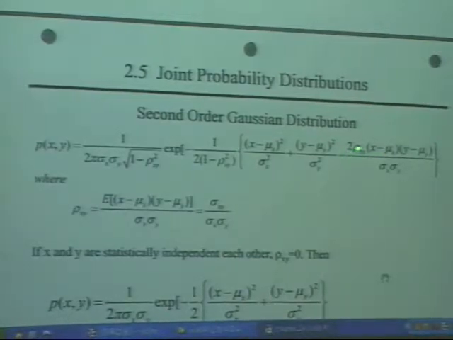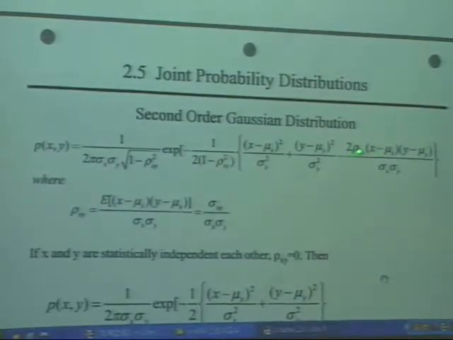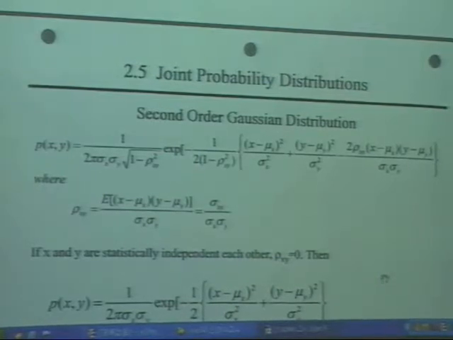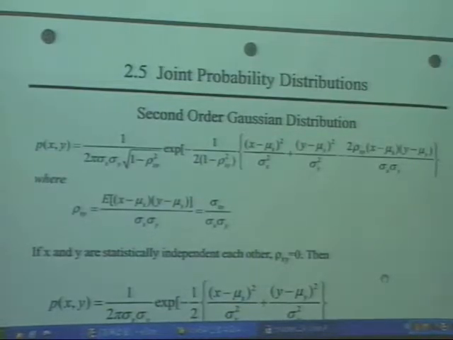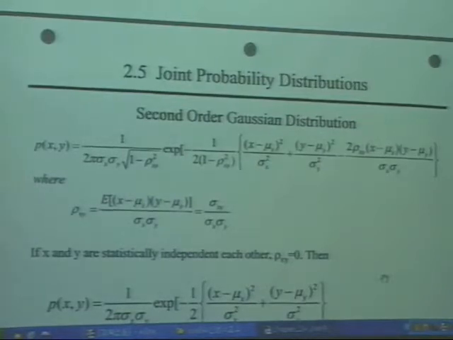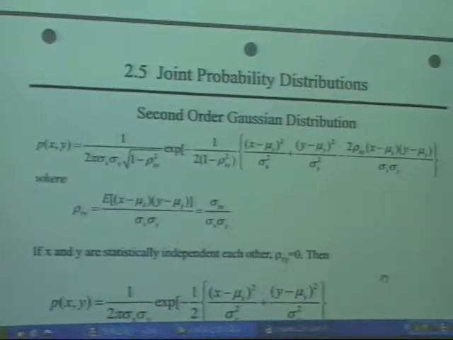And rho xy depends on the degree of correlation. Rho xy's range is from -1 to 1, so rho xy falls between -1 and 1.